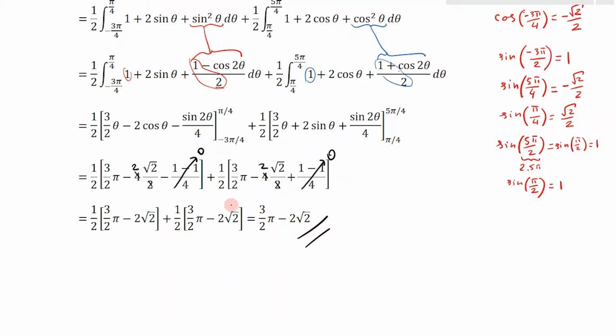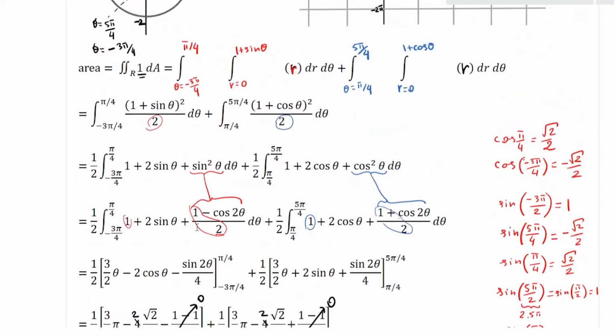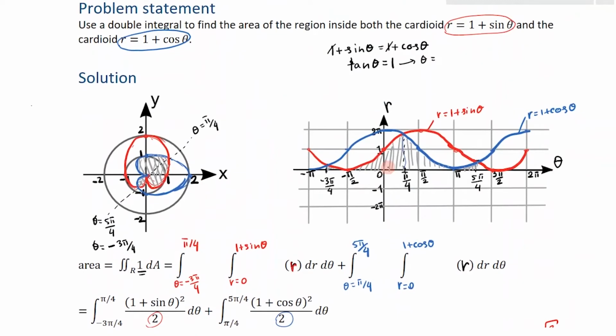Now, this is the answer, that's what we're looking for, but I just wanted to point out that this guy and this guy ended up the same. The reason why geometrically is because this integration was everywhere where the red curve was basically determining things.